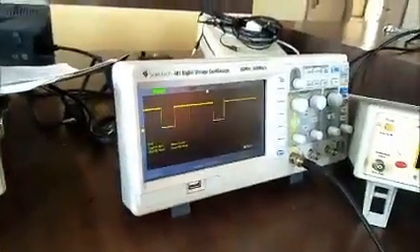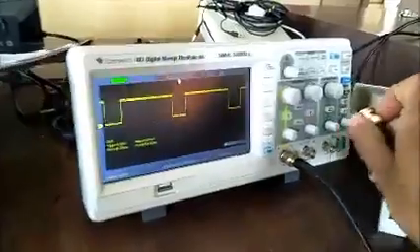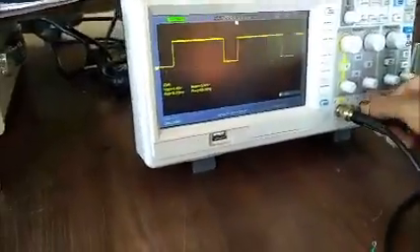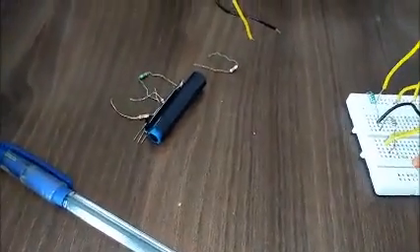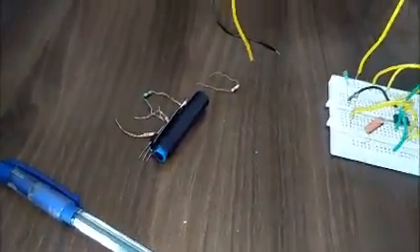If you want to observe the capacitor charging and discharging time period, just use the second channel of the DSO. Here ground is connected and across the capacitor we have to connect the probe.